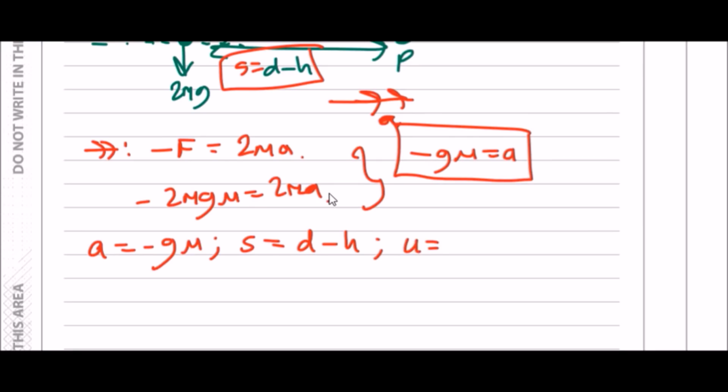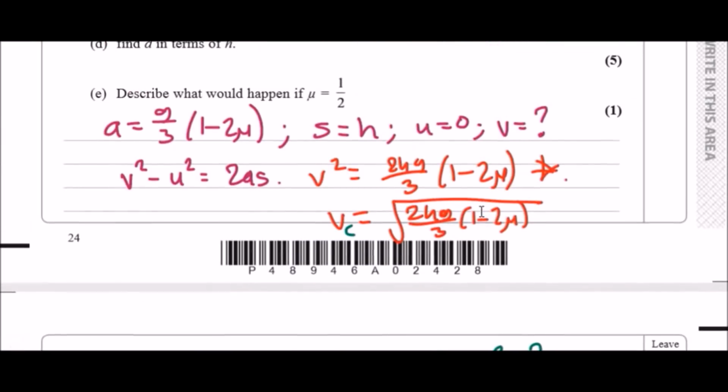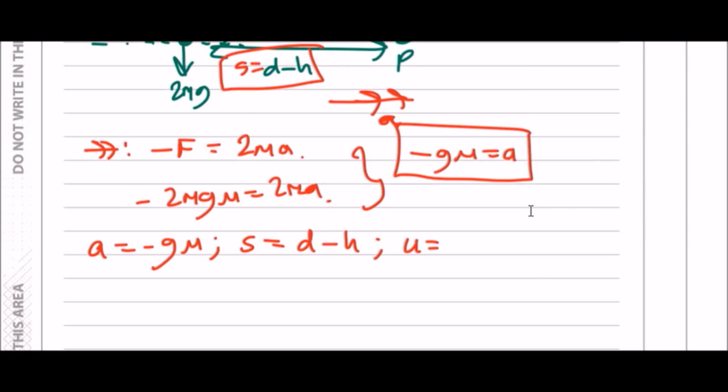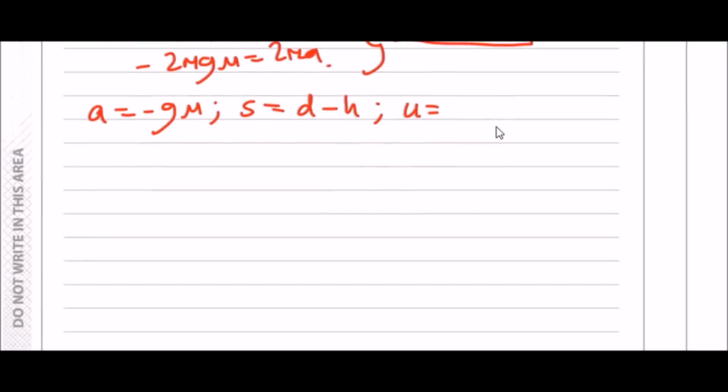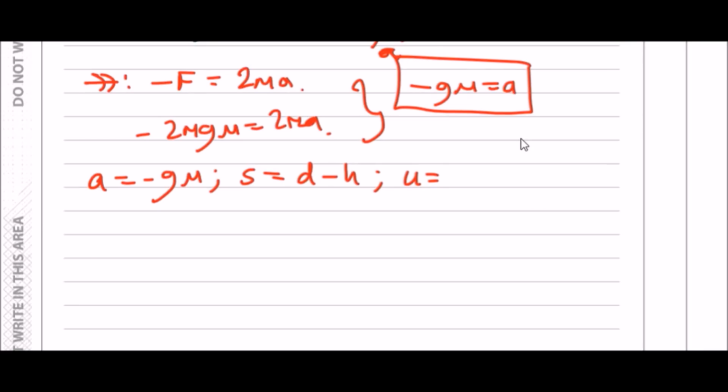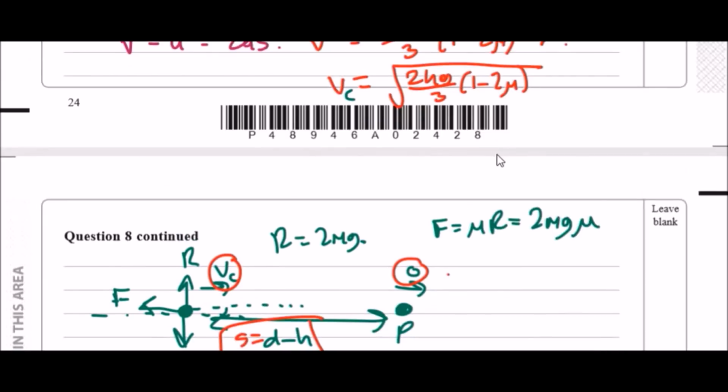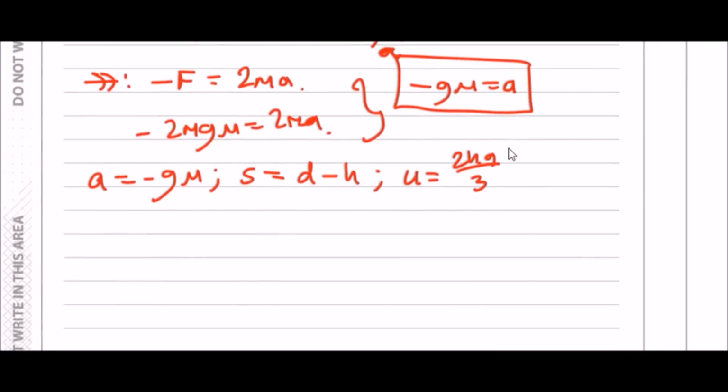Initial speed was vc, which is square root of 2hg over 3 times 1 minus 2 mu. And we also have the final speed, which is 0.